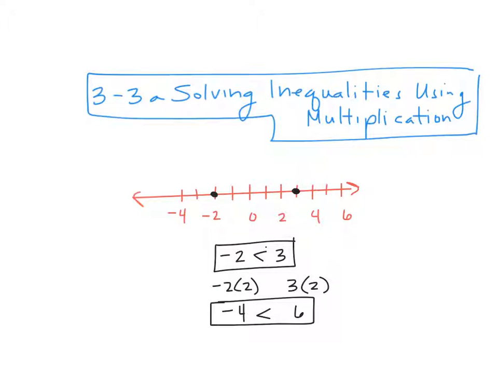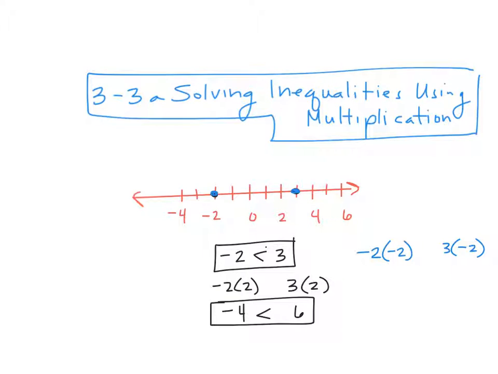If instead, I'm going to take those 2 dots away that I just put there. If instead we start with -2 is less than 3, and I multiply by a negative number. So now let's switch it up. I have my -2, I have my +3. If I take -2 and I multiply by -2, and I take 3 and I multiply by -2, what's -2 times -2?